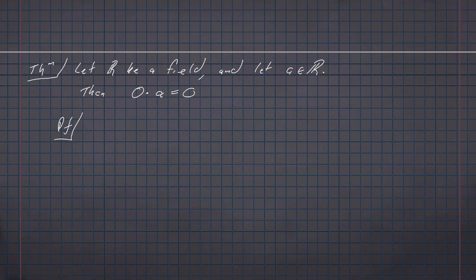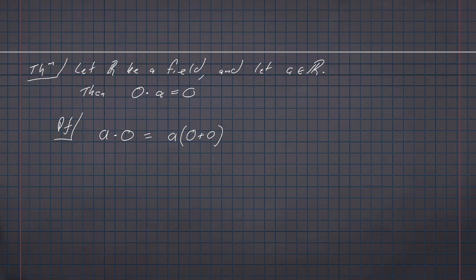And this is a proof by cute trick. A lot of these proofs are honestly proof by cute trick. But we know that if I take a times 0, well, it's not obvious why I would want to do this, but I could rewrite that as a times 0 plus 0, right?